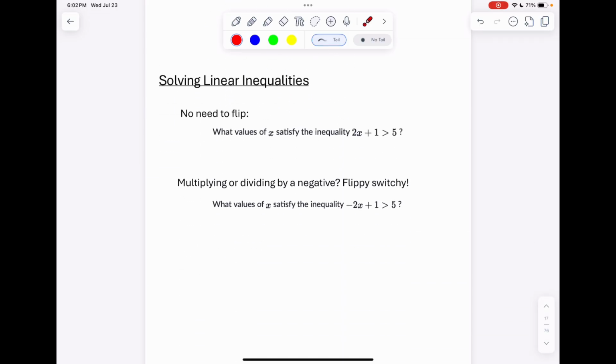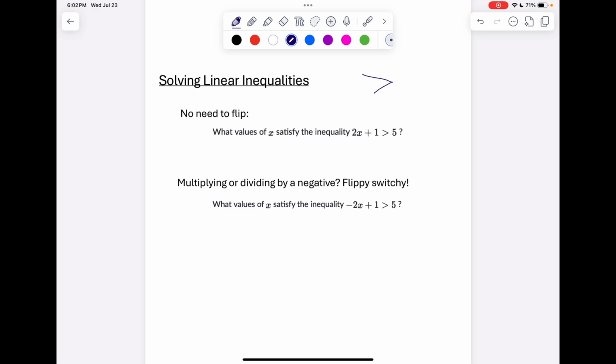Now, if we solve linear inequalities, inequalities have not an equal sign, but they would have something that looks like an alligator mouth, going this way or this way. When we have the alligator mouth, as I call it, it's called an inequality.